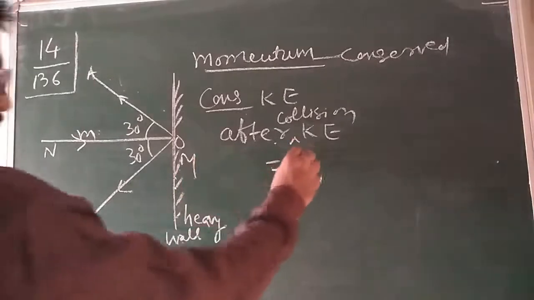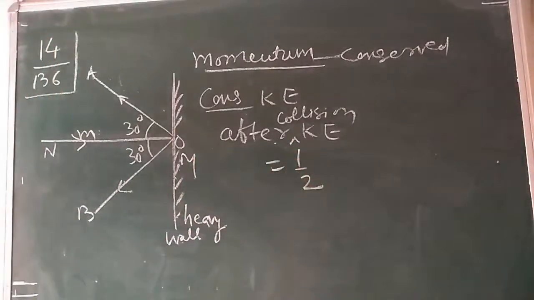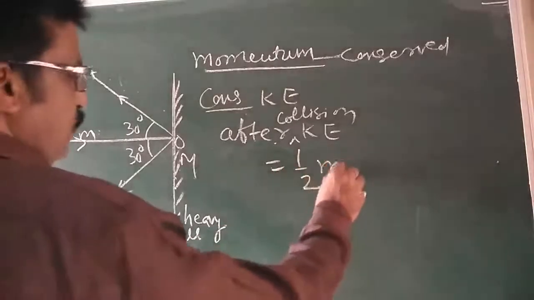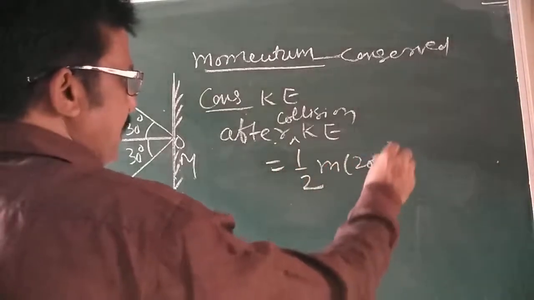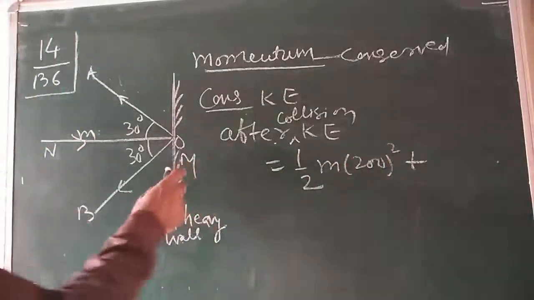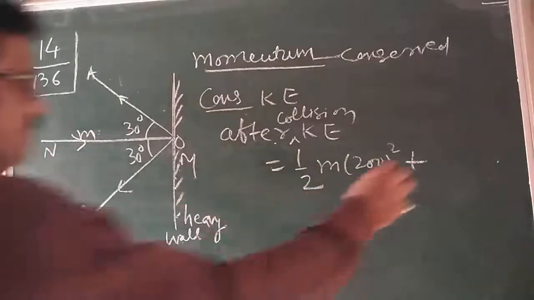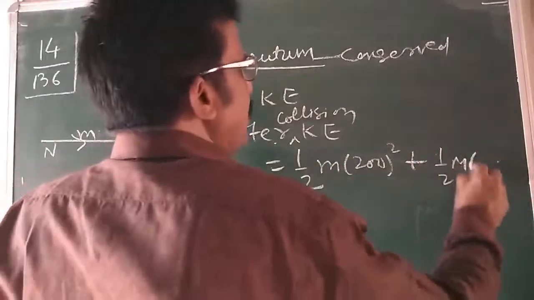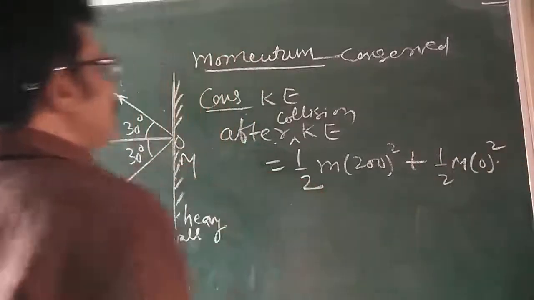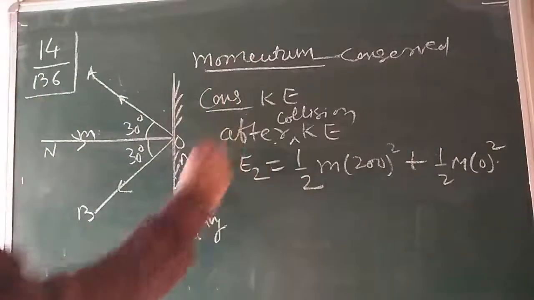That is 1 by 2 m into velocity 200 square plus when it hits the wall the velocity is 0, that is 1 by 2 m into 0 square. Here say this is E2 after collision.